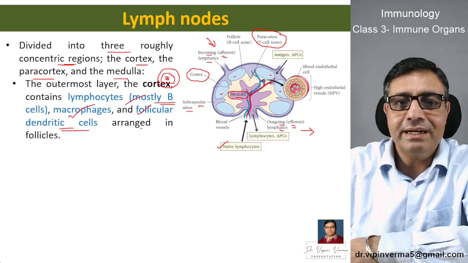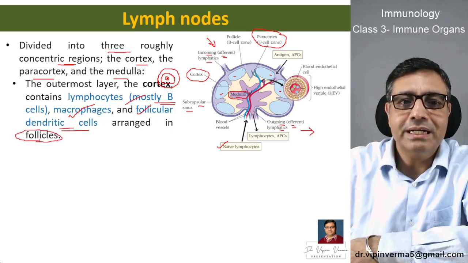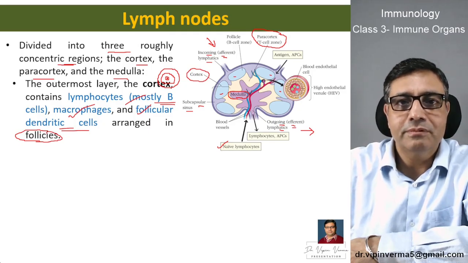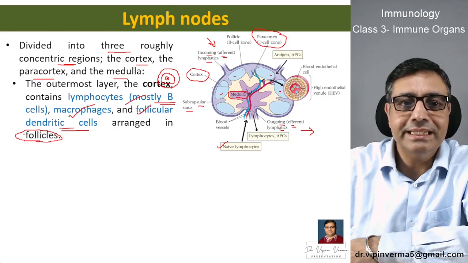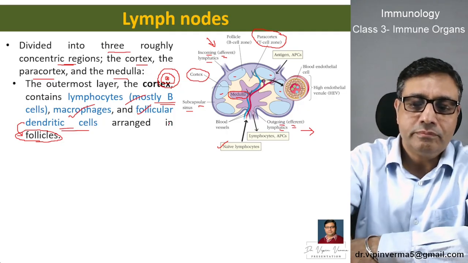They are arranged in the follicles. Follicles are the regions where B cells develop and are activated. These follicular dendritic cells are the supporting cells and form the majority of the follicular region. That's why they are known as FDCs.